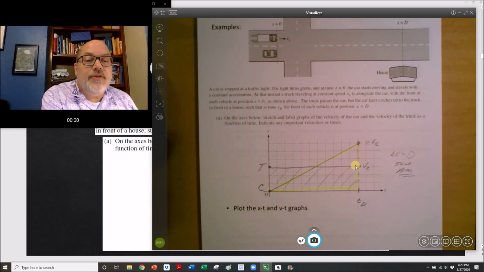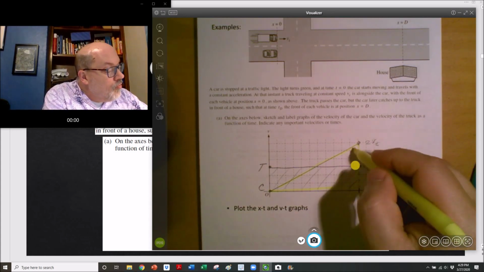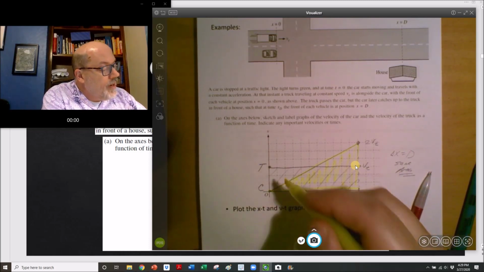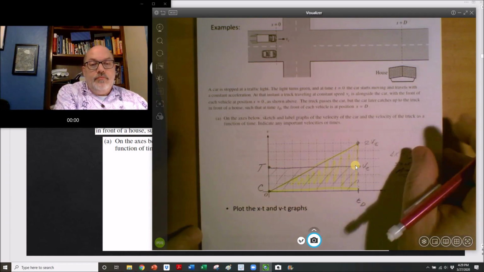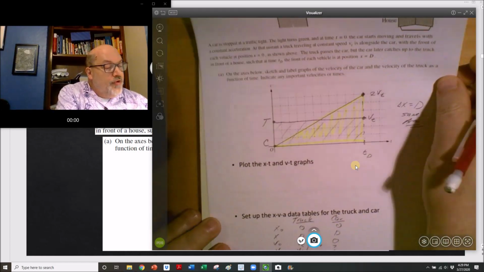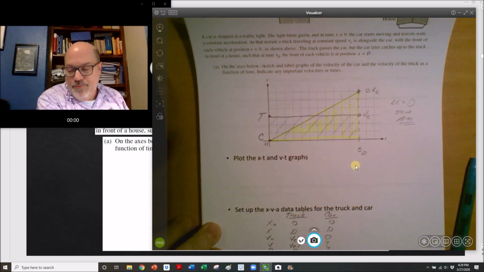So the final velocity has to be twice so that we get the same overall area. It's important to put all that detail in. It helps you out tremendously in the rest of the problem.